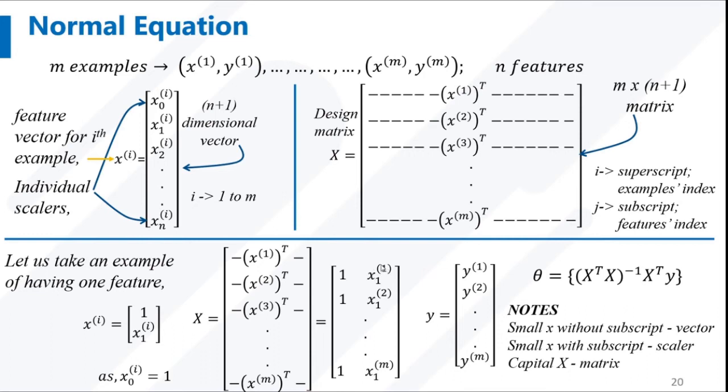So it is an individual feature of an individual training example. And capital X is a matrix, this one. Capital X is an m by n plus 1 matrix. If you evaluate the dimension of each and every one and multiply and calculate the ultimate matrix size of the total theta, you will end up with an n plus 1 dimensional column matrix.